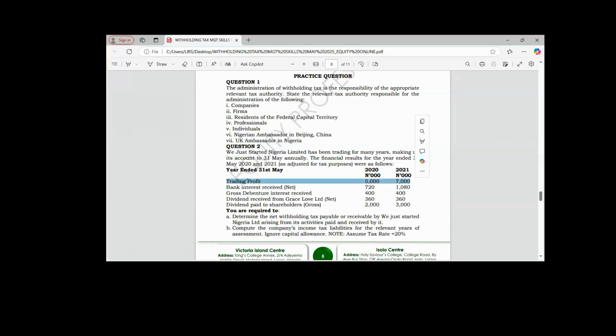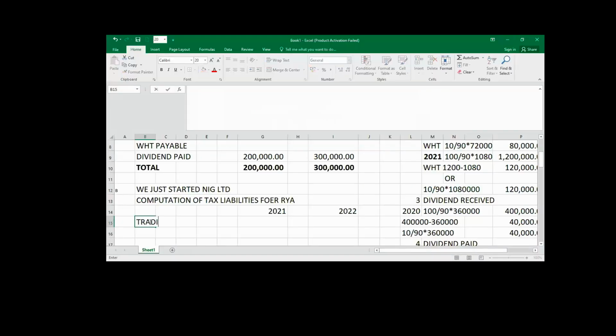Trading profit, 5,000 and 7,000. All these are in thousands, so I want to work in thousands.